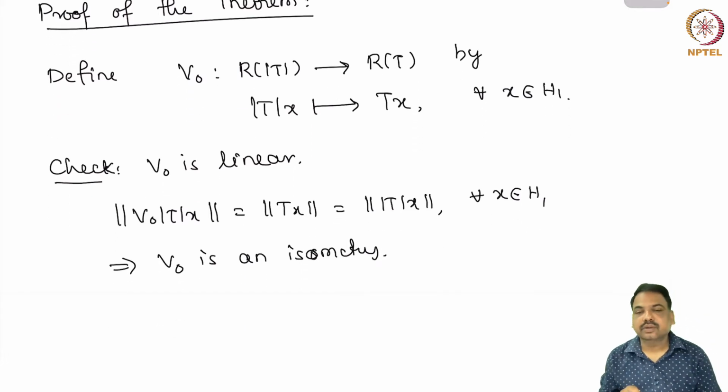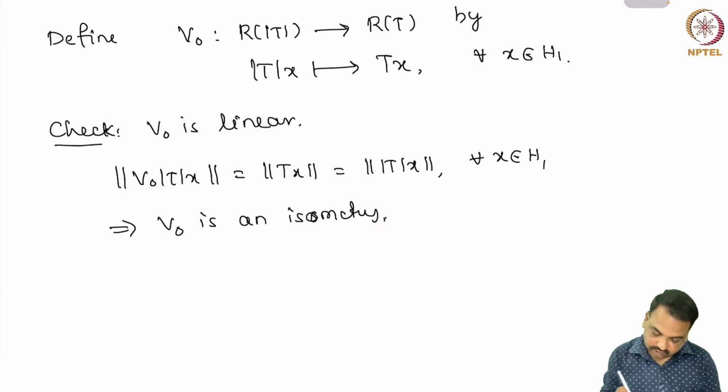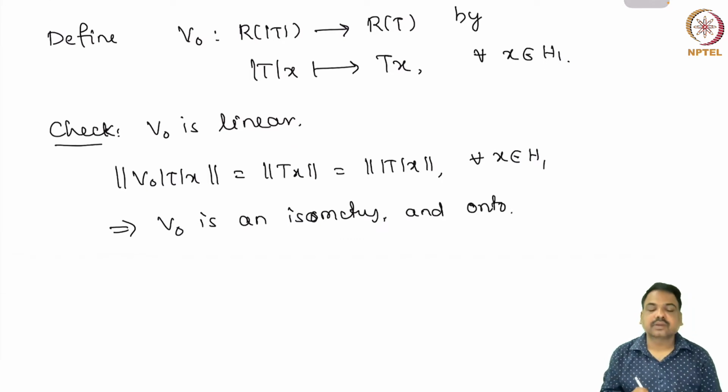It's also onto, because if you take y in the range of T, y can be written as Tx for some x in H1. Now the corresponding pre-image is |T|x. So we can also show that this is onto. Okay, now we got a map V naught from the range of |T| into the range of T, which is linear, isometric, and onto. This is a unitary map.